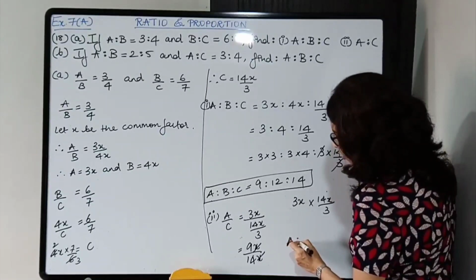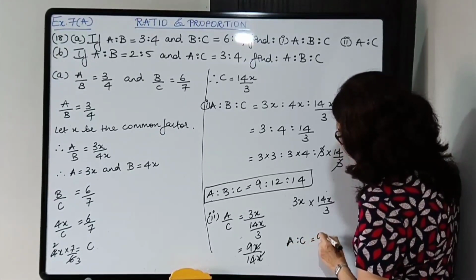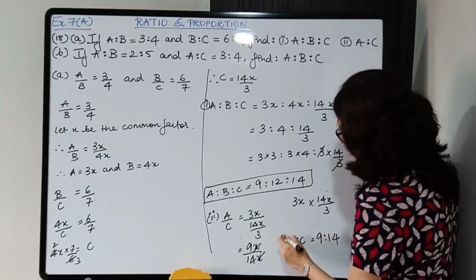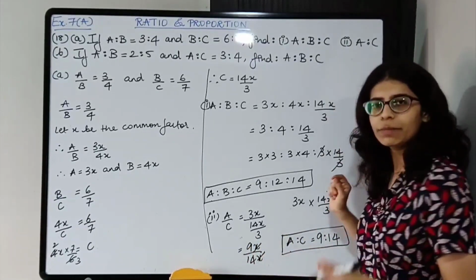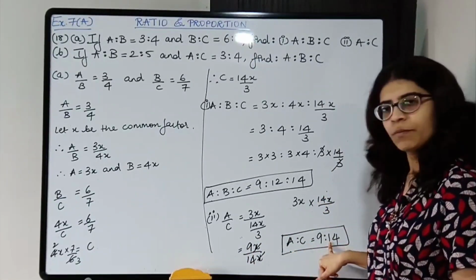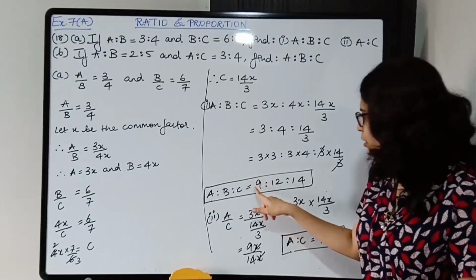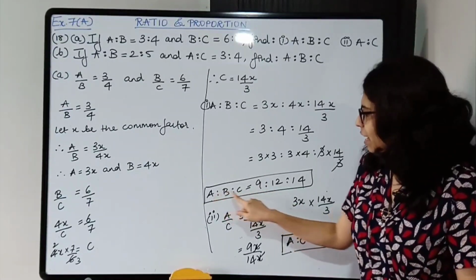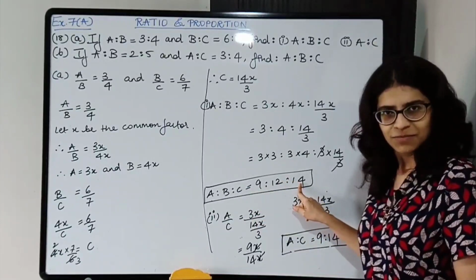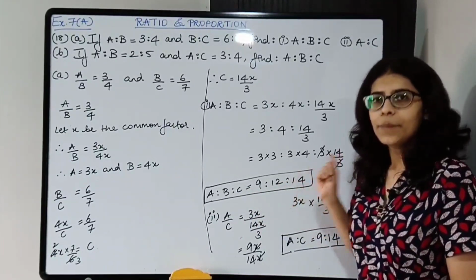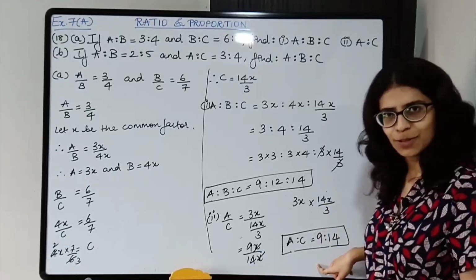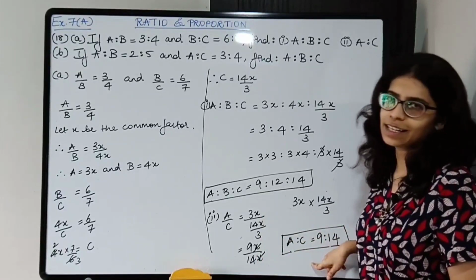So A is to C is equal to 9 is to 14. Write down this final thing. Okay. Don't write in the upon form, write it in the is to form. Okay. So students, from here only you can say easily. A is to C will be 9 is to 14. Okay. From here only you can say. But you need to show the working. Okay. So this is the reason we solved it like this.